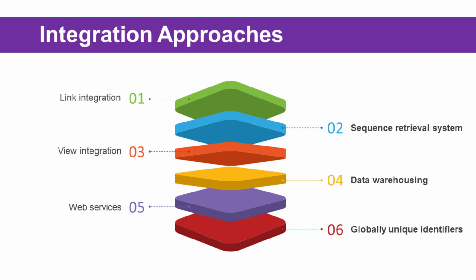First, link integration. Link integration has been by far the most successful, because it lends itself to the haphazard nature of the web. In the familiar and ubiquitous version of this technique, researchers begin their query with one data source, and then follow hypertext links to related information in other data sources. Second, a variation on link integration is embodied in the popular Sequence Retrieval System, which is a keyword indexing and search system for biological databases.